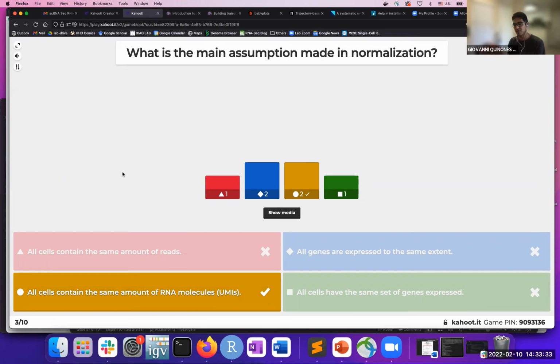So with that in mind, we're assuming that across cells, the amount of RNA is consistent. Let's move on to the next question.